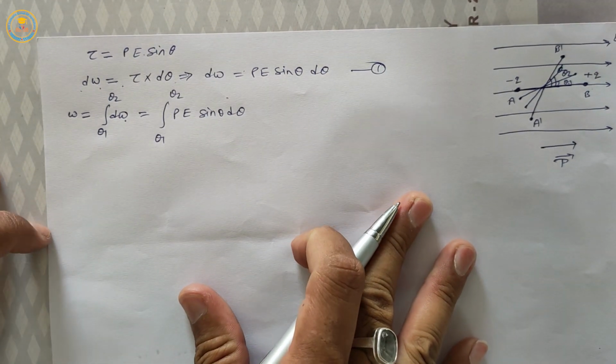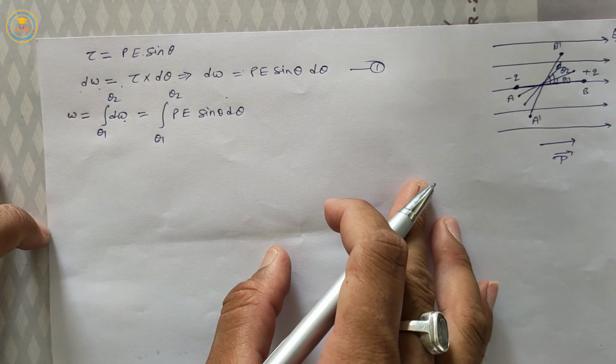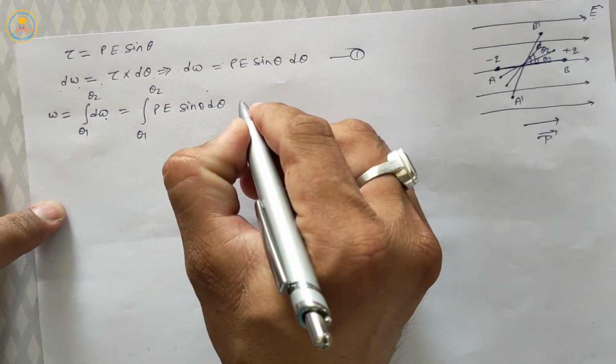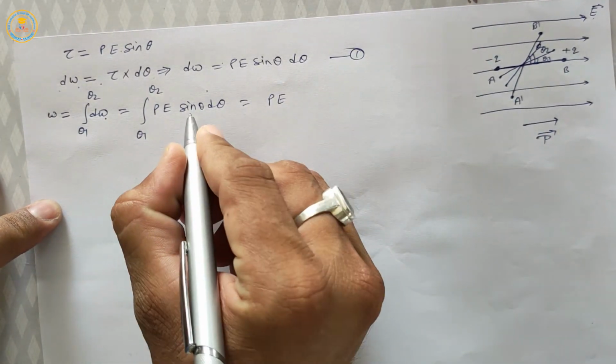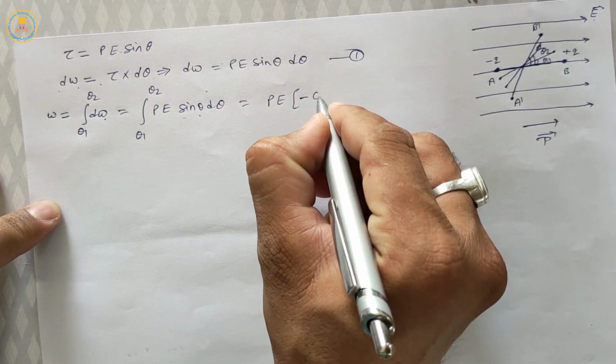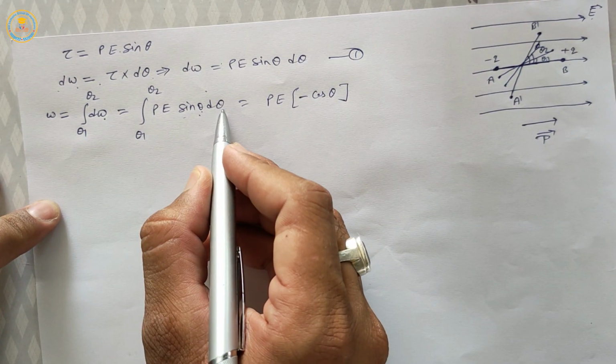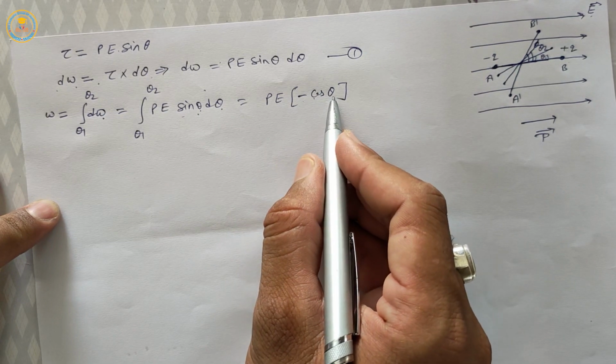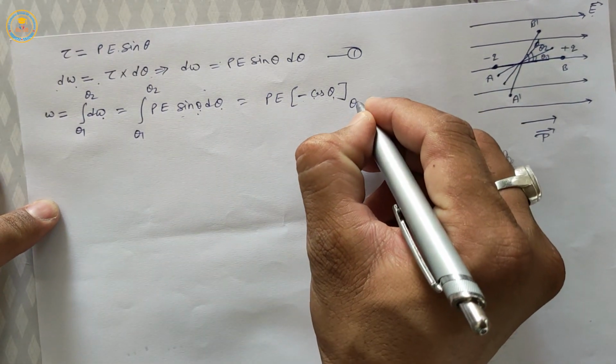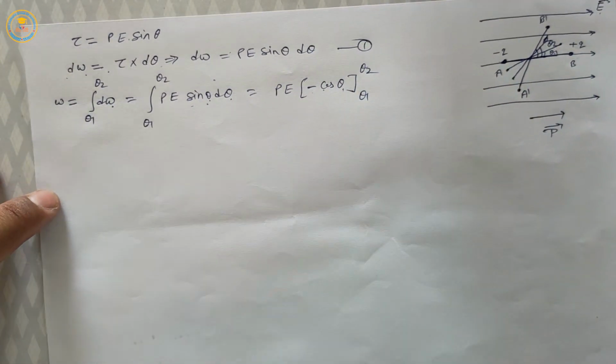We know that the integration of sine theta is minus cos theta. So minus cos theta, with limits theta 1 to theta 2.